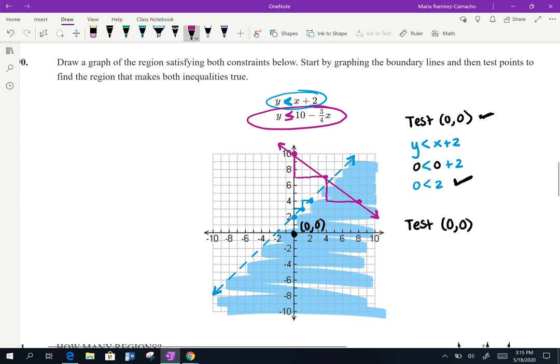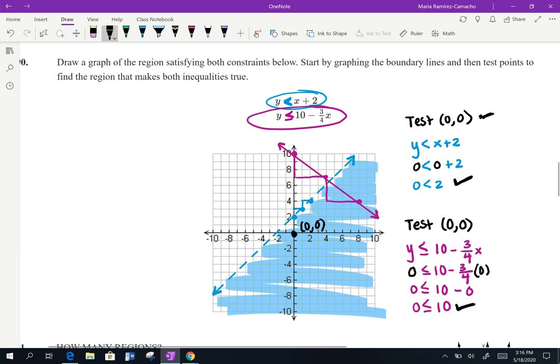So take your inequality. Plug in 0 for x and 0 for y. And simplify. Let's see, 10 minus 0 is just 10. Is 0 less than or equal to 10? It is. That's great. That means that we're going to shade towards 0, 0 for that second inequality.